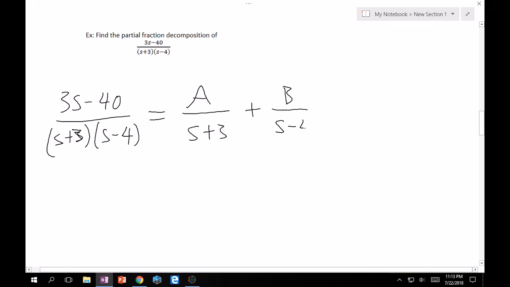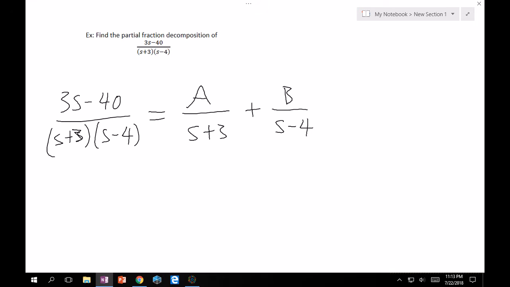And the way to do this is there are rules for how you pick what goes on top. If this is a linear term on the bottom, s plus whatever number, then the top is going to be a constant. If it's s squared plus 7, let's say, or plus 9, that is what's called an irreducible term, and therefore you put an As plus B, or Bs plus C, whatever it may be.